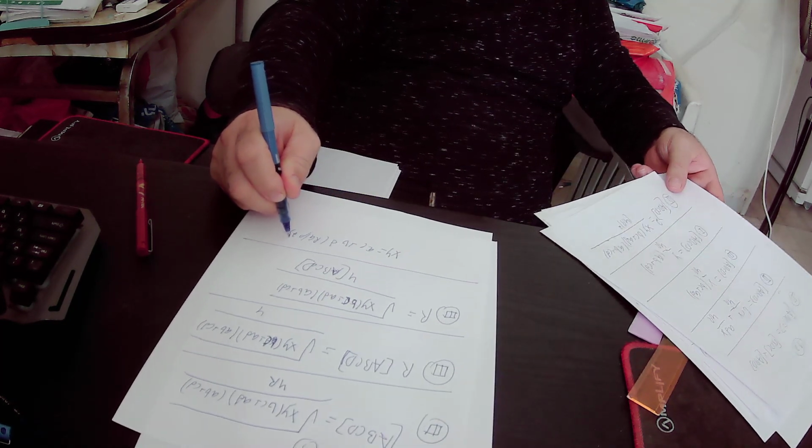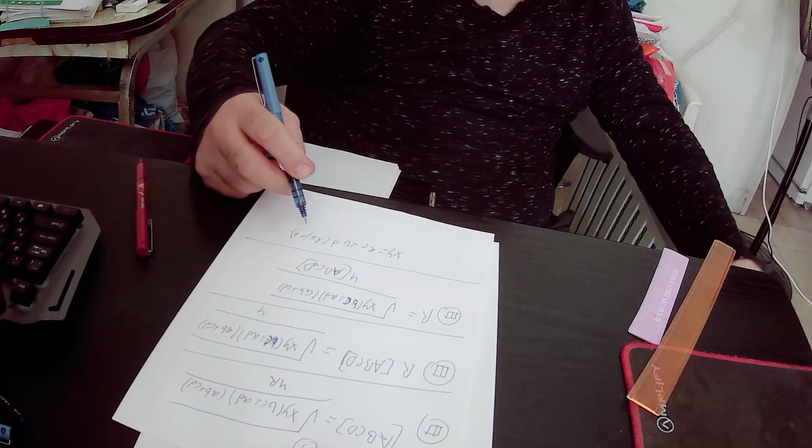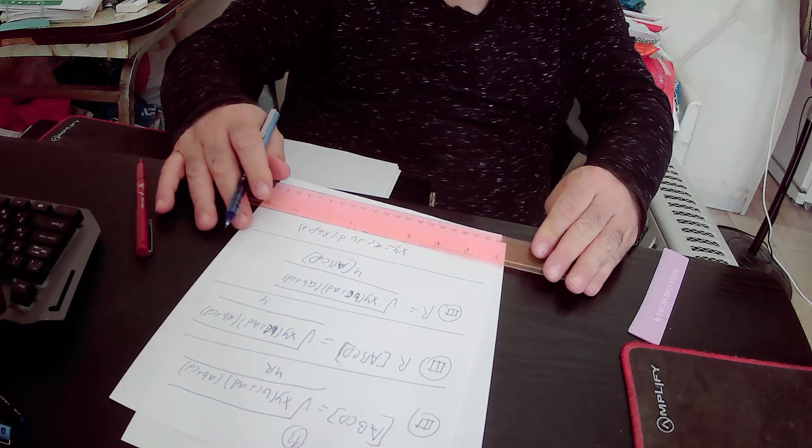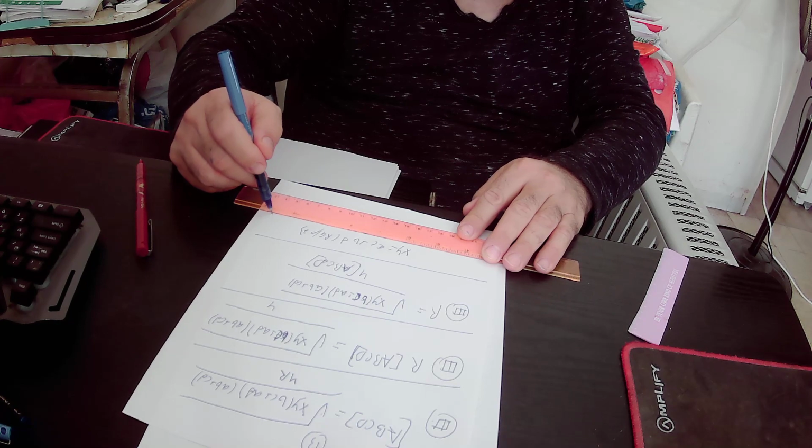I've already implemented rule number 2 in our drawing. We've already found out that xy equals AC plus BD.